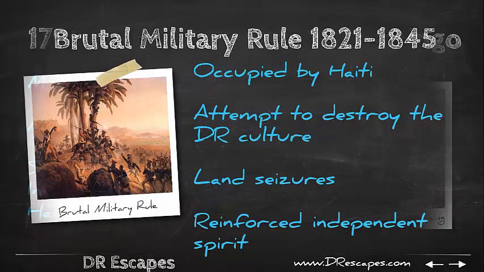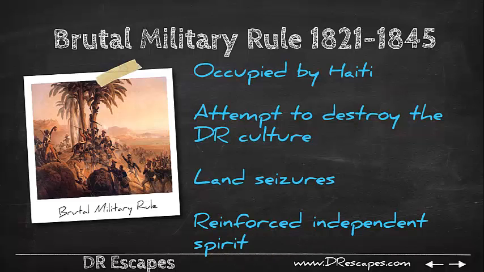The Haitian occupation ran from about 1821 to about 1845. This 23-year Haitian occupation that followed is called by Dominicans a period of brutal military rule. Though the truth of it is it was far more complex, that's just how they viewed it. It led to large-scale land seizures and failed efforts to force production of export crops.